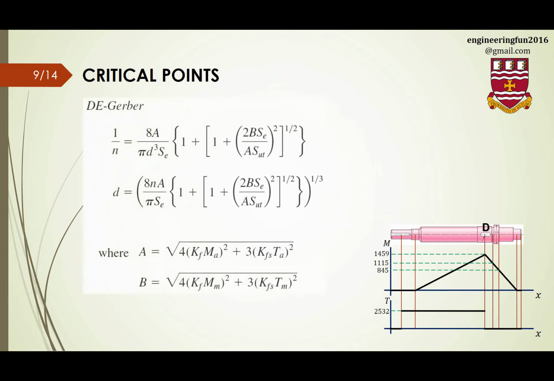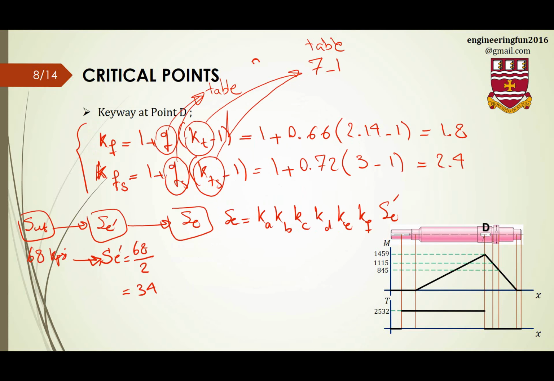In this question, kc, kd, ke and kf are 1, because it doesn't say anything about the reliability, temperature, or other factors that could change the relationship between Se and Se prime. All we have here is ka and kb, surface factor and size factor.